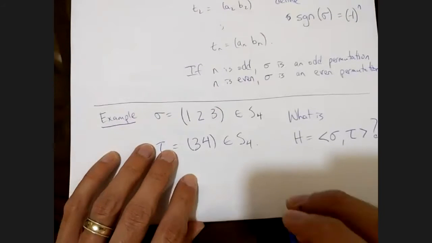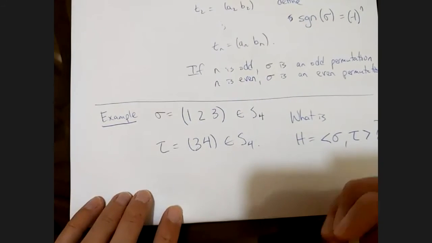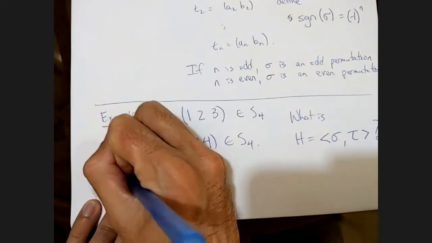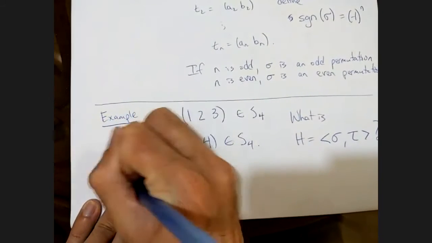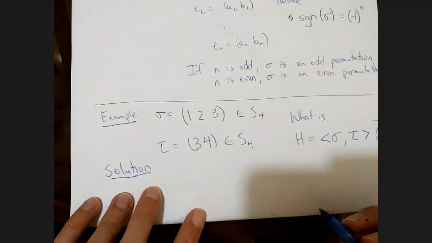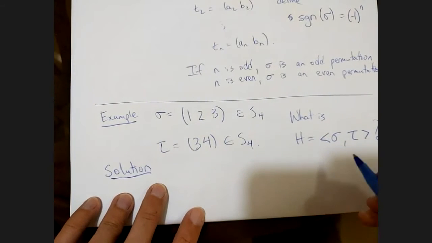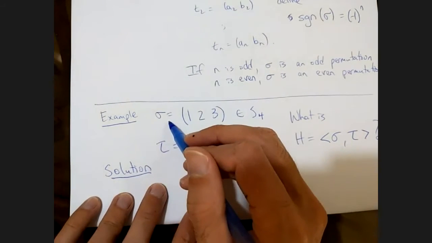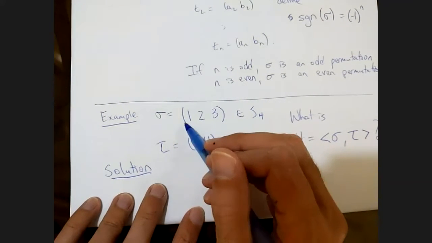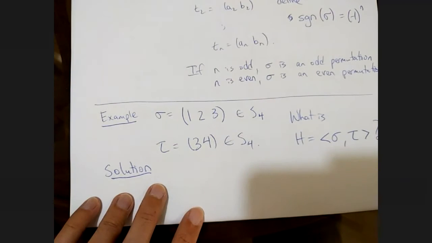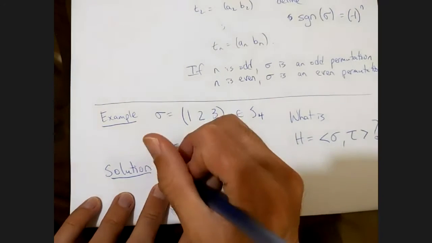One way to do that, well, solution. Let's try and figure out what the relationship between sigma and tau is. Well, of course, first we have sigma cubed is the identity because sigma is a 3 cycle. Tau squared is also the identity.